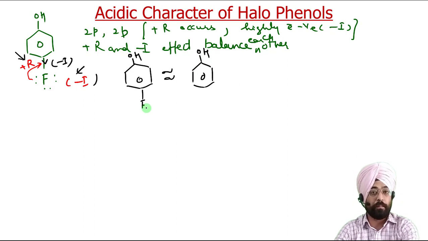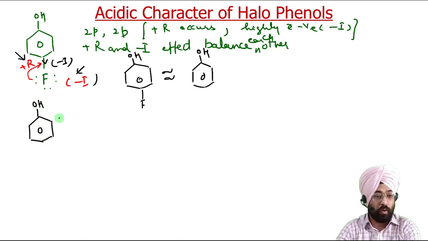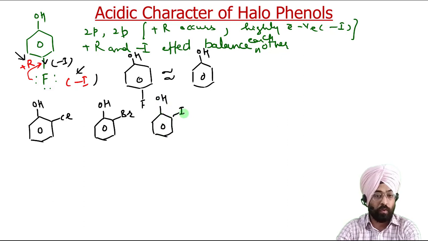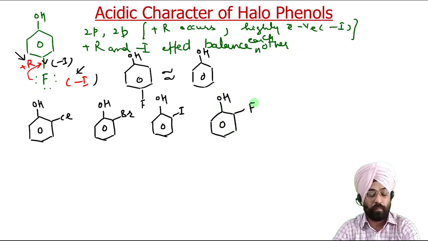Now if we have to compare the acidity in case of the variation of halogen, like we have to compare the acidity of orthochloro, orthobromo, orthoiodo, and orthofluorophenol.